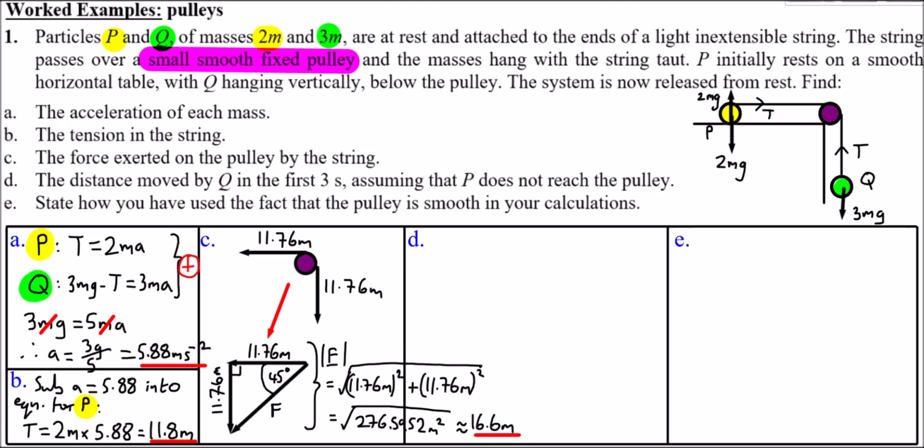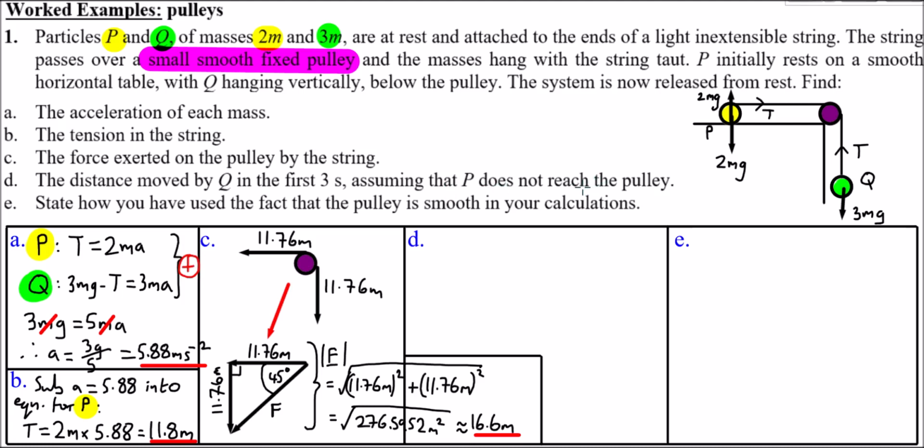So now we can have a look at question part D. So I'll just overrun slightly with that question, so just section that out there. So part D says we need to have a distance moved by Q in the first 3 seconds, and we need to assume that P does not reach the pulley.